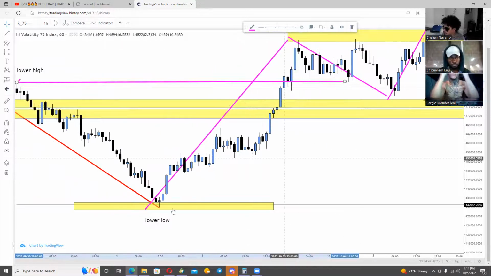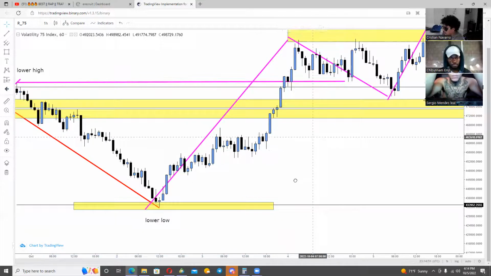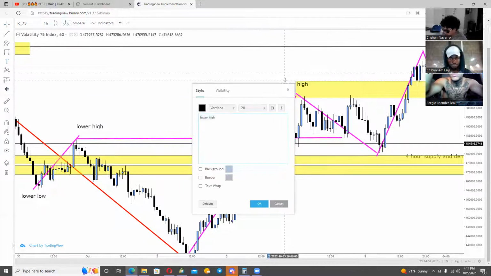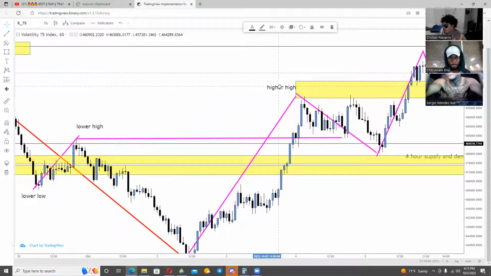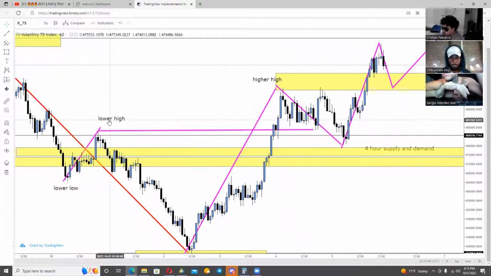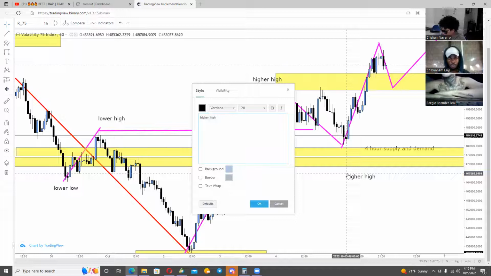Definitely, because now we have that lower low, and this new area is a new higher high. This area here happens to be a higher high area, which is now the first sign of a trend reversal. We have a higher high. We broke this lower high. We retraced out of it. So now that makes it a lower high.